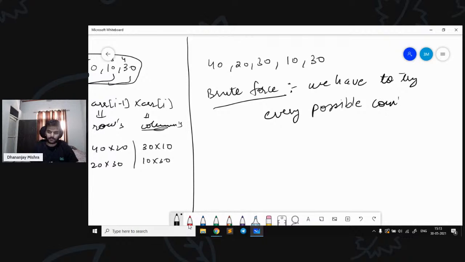So guys, I hope you are understanding that whenever a new question comes to you in which you get an idea that you have to try every possible combination and there is no other way of solving that question other than trying all the possible combinations, you should always go with the solution that will lie in brute force, right?